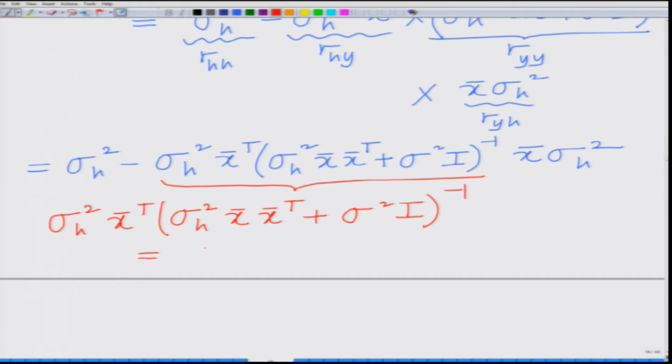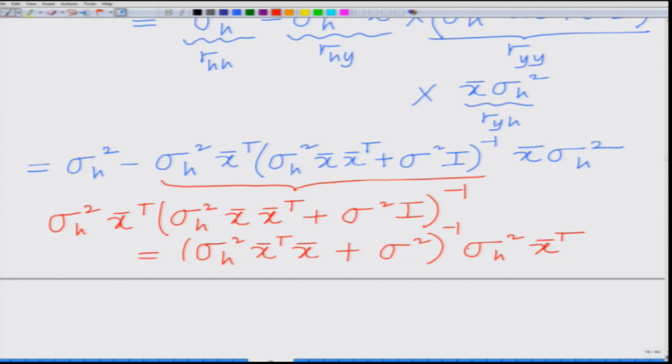This is equal to (sigma_h square x bar transpose x bar plus sigma square) inverse times sigma_h square x bar transpose.